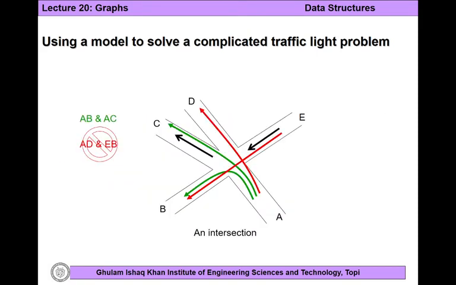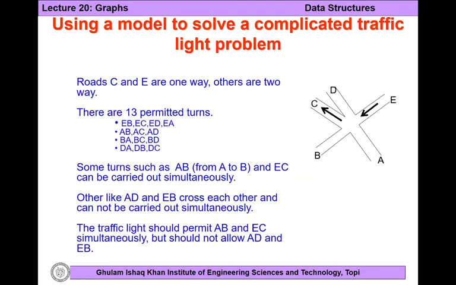So what we will do is we will have 13 nodes, 1, 2, 3, 4, 5, 6, 7, 8, 9, 10, 11, 12, 13, right? Each node will represent what?